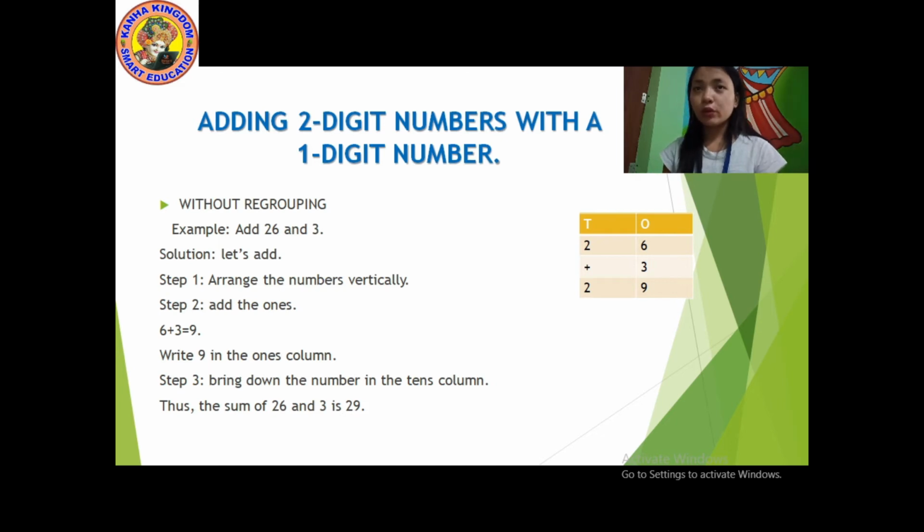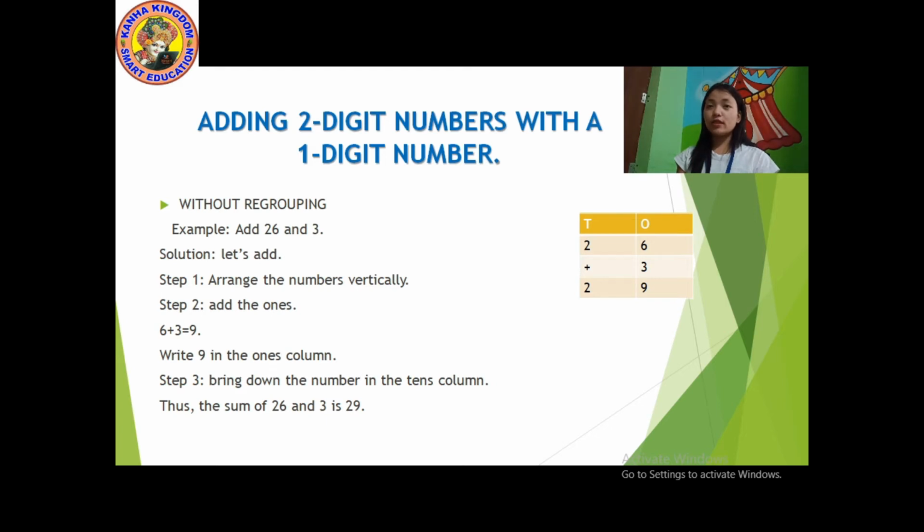Okay student, we learned adding a two-digit number with a one-digit number without regrouping. In the first example, we added 26 and 3 together. The first step was arrange the numbers vertically. First we make a place value chart and place the numbers vertically. The second step was add the ones.